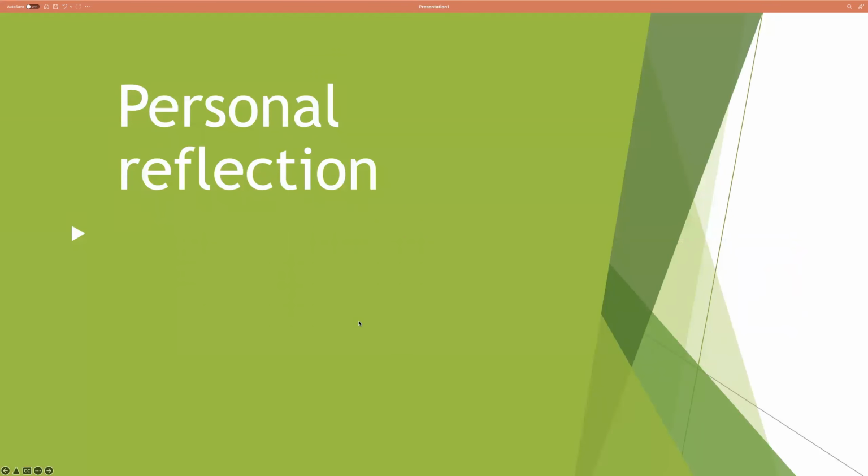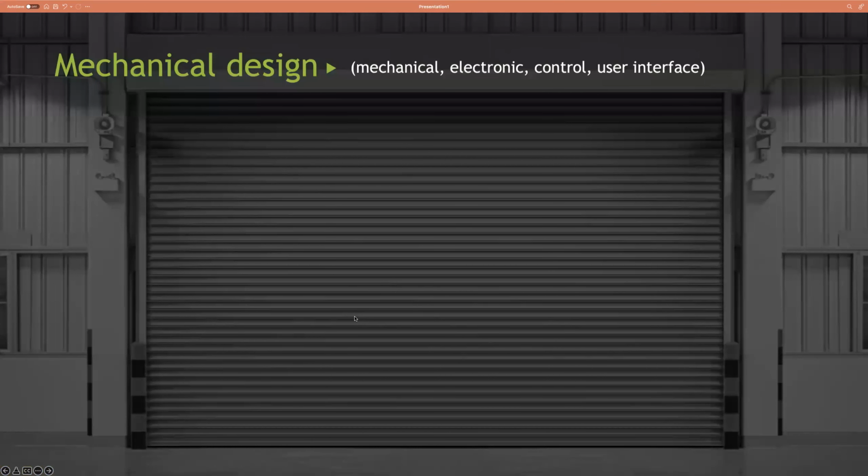And now personal reflection. So basically, this door seems, or I keep calling it a door, but it's a curtain. This curtain is complex and not really at the same time.